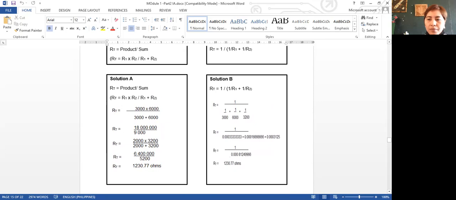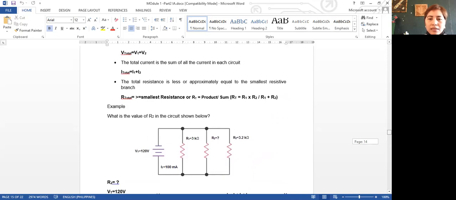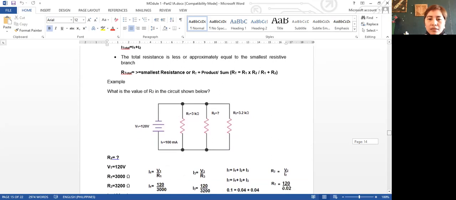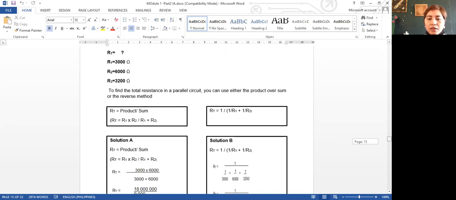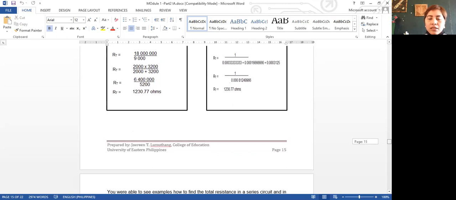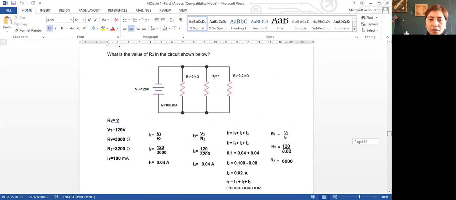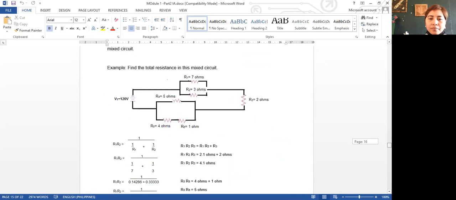Now going back to the law, it says that the total resistance is less than or approximately equal to the smallest resistive branch. So what is the smallest resistive branch here? The lowest is 3, and the total is 1,230. So correct, it applies the law in parallel in getting the total resistance.